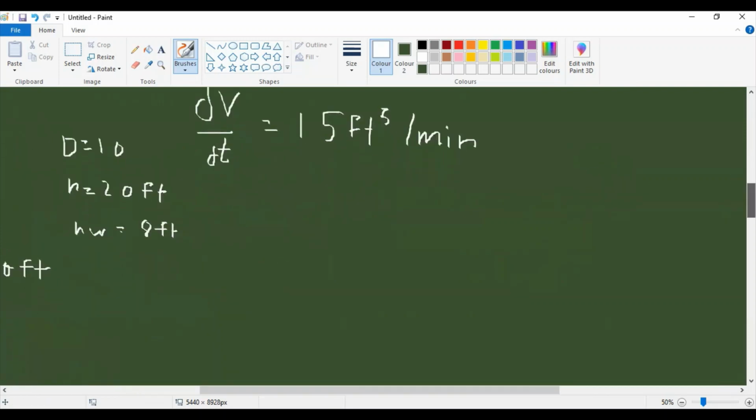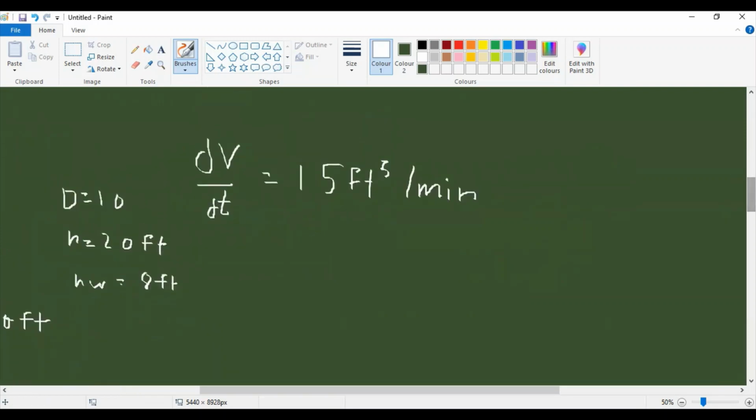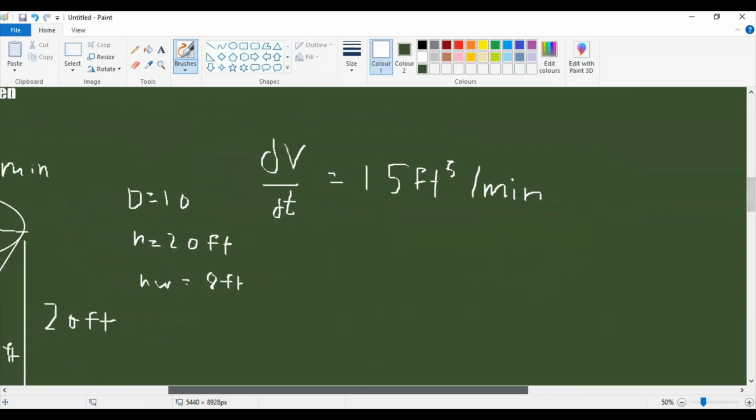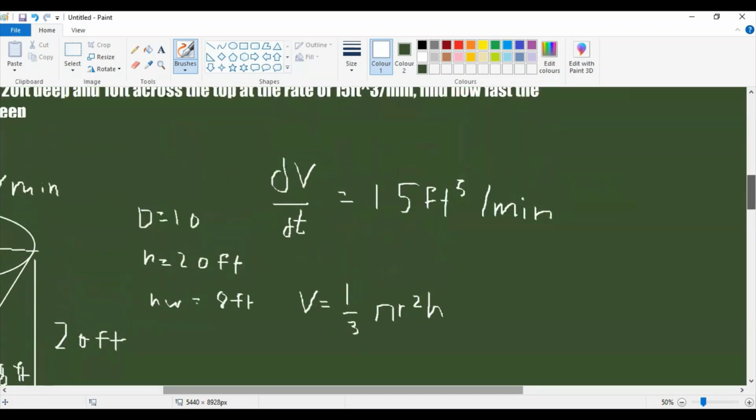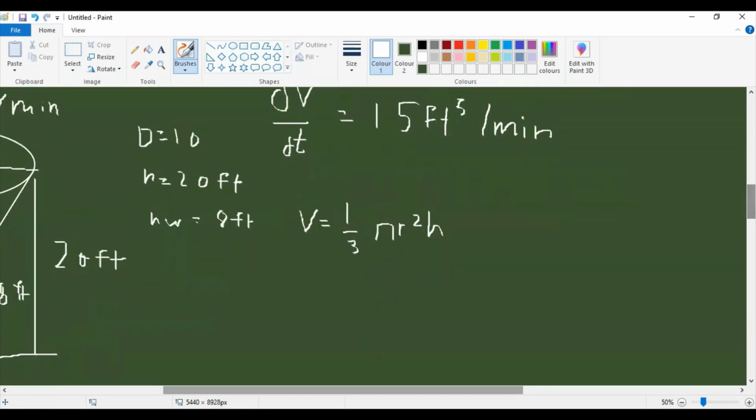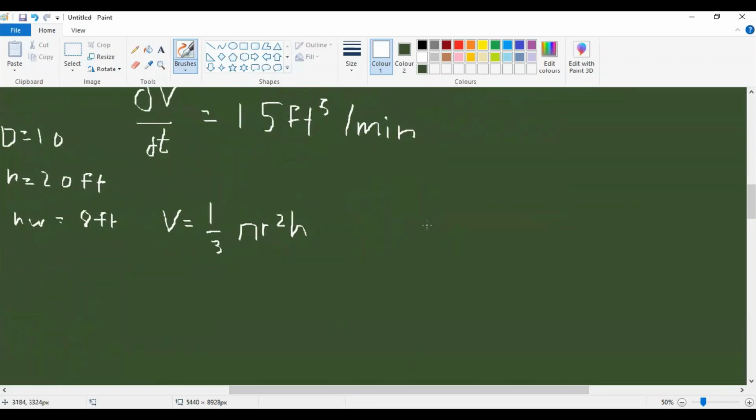Next, we need to identify the volume of the cone. So the volume of the cone will become 1/3 pi r squared times the height. So what's the next step? We need to find the r. So we need to divide the radius with the height.